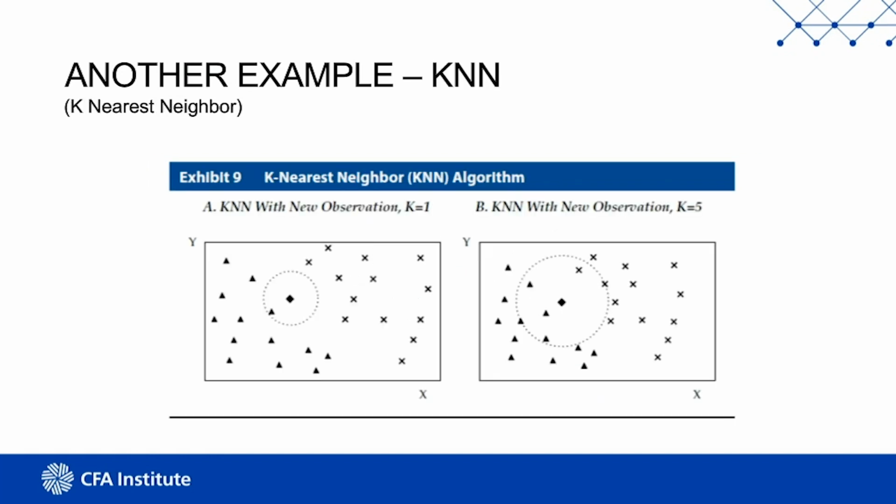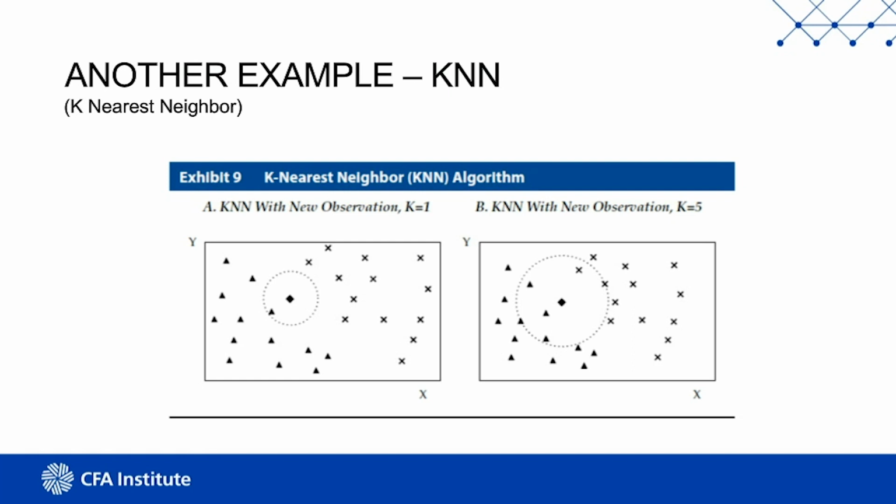Another kind of example that's quite easy to understand is called K nearest neighbor. This is very simple to implement, but it performs less well on very large data sets because it's very computationally intensive. So K nearest neighbor is very simple. Let's suppose we have that same sort of data we had before.